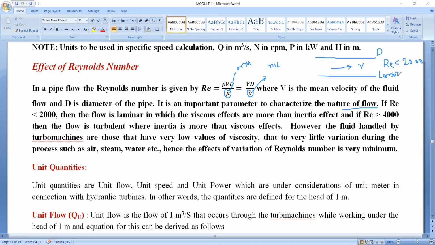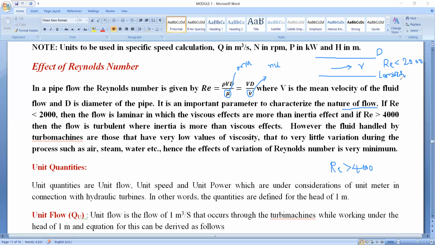If Re is greater than 4000, then it is known as turbulent flow. What if the Reynolds number is in between 2000 and 4000? That is known as the transitional flow. The transition from laminar to turbulent is known as the transitional flow.